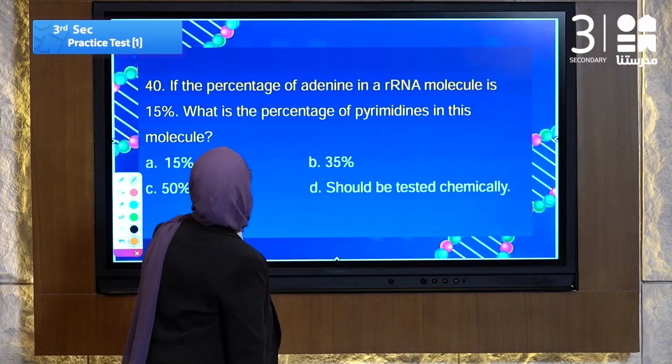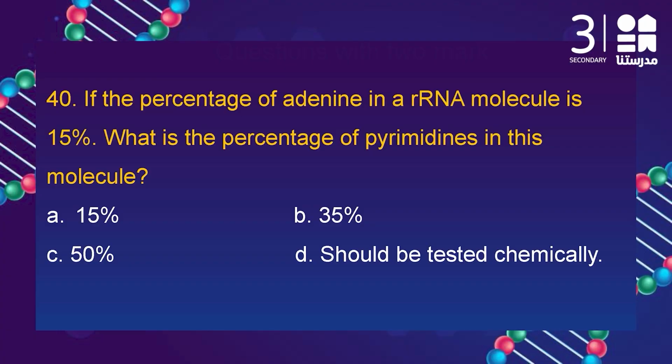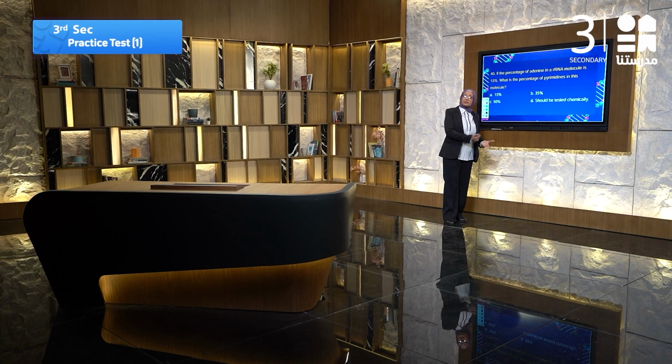Let's go. 40. If the percentage of adenine in ribosomal RNA molecule is 50%, what is the percentage of pyrimidine in this molecule? Here is a trick about ribosomal RNA.